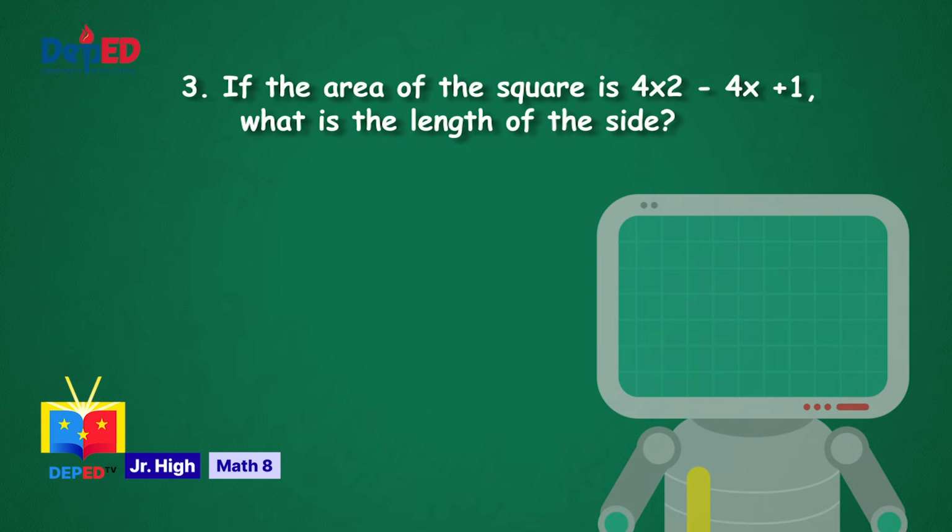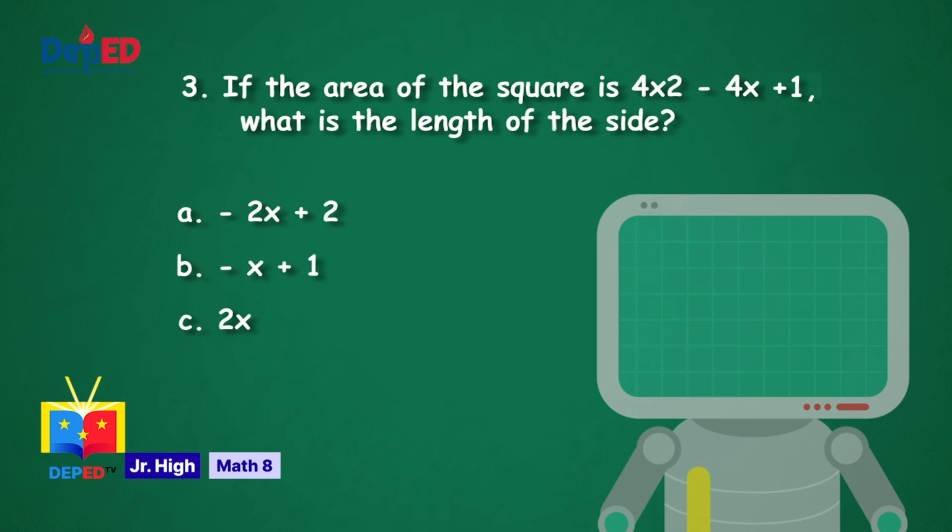Number 3, if the area of the square is 4x squared minus 4x plus 1, what is the length of the side? Is it letter A, negative 2x plus 2? Letter B, negative x plus 1?